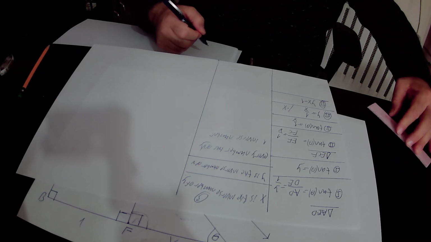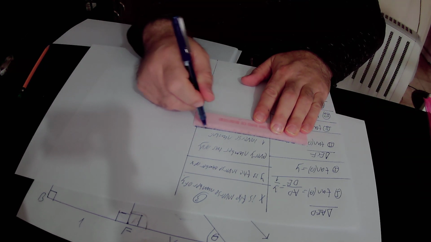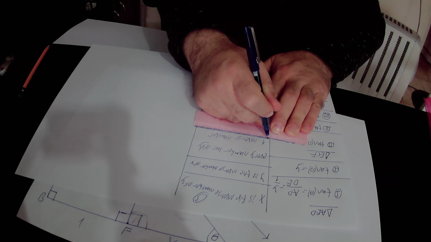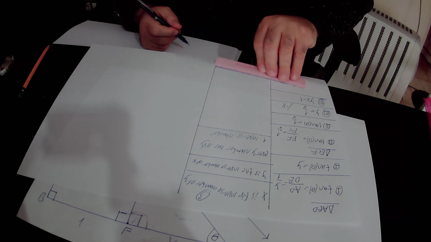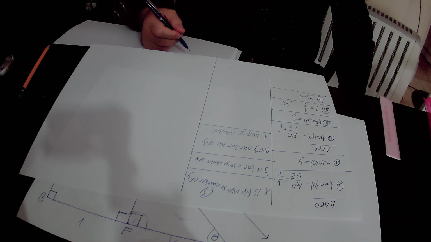So the inverse number of 5 is 1 over 5 and only 1 over 5. And the inverse number of 1 over 5 is 5 and only 5.